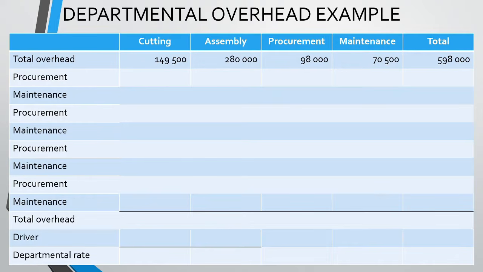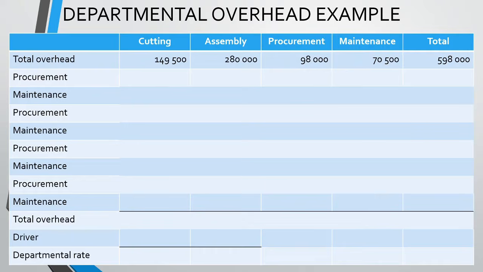Now notice a major difference in this table compared to the previous methods we have looked at. I no longer have just one row to allocate out procurement and just one row to allocate out maintenance. Rather, I have multiple rows for each department. This is because when I allocate out procurement, some overheads will be allocated to maintenance.